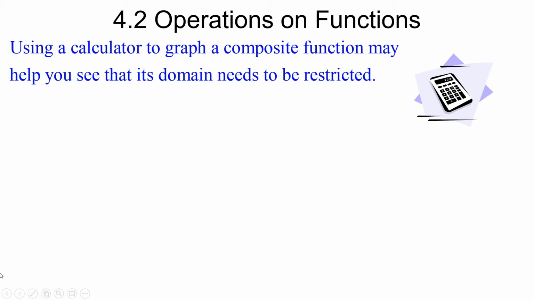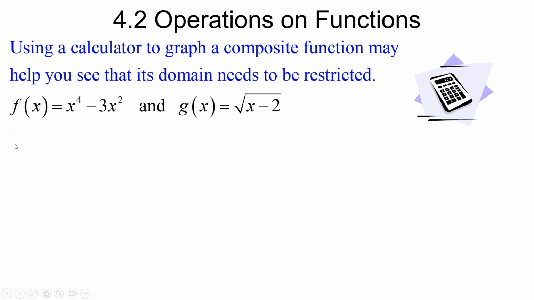Okay, now we can use our graphing calculator to graph a composite function. It may help us see that its domain needs to be restricted. So when we do composites, many times we're going to have restricted domains, and there's something you have to be very careful about, which you'll see in just a moment.